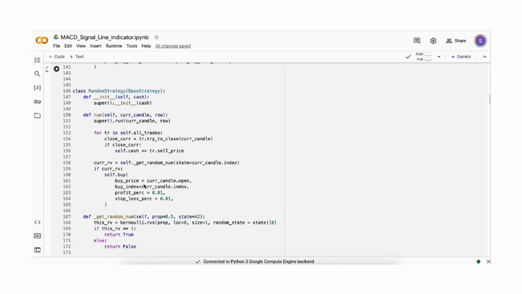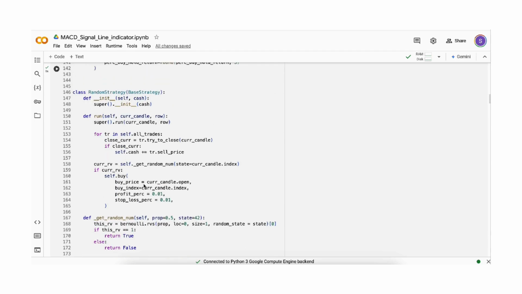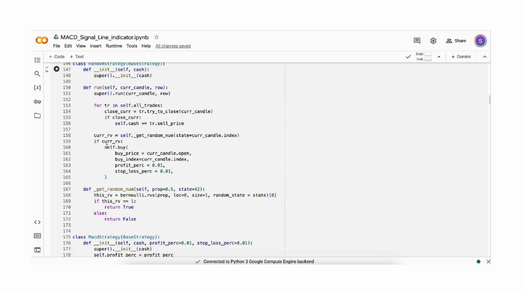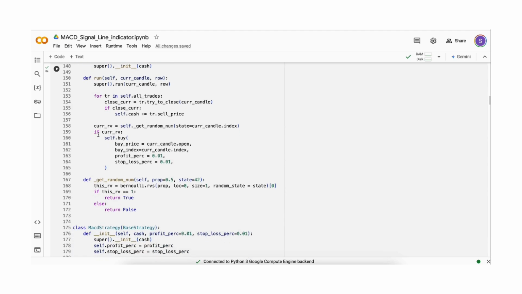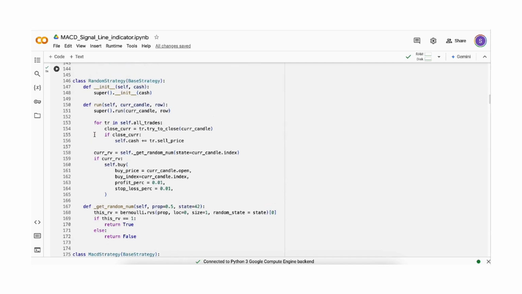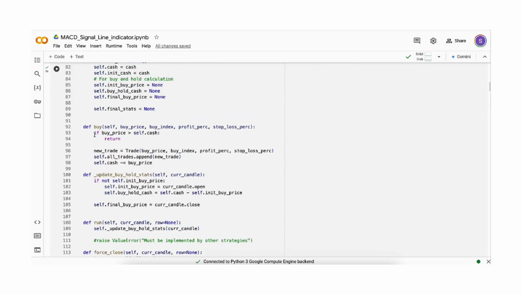But for the convenience of our viewers, basically our backtesting library implements some sort of a strategy. So the simplest strategy is a random strategy, and the implementation of a strategy simply means that we say when to buy a stock. We sell a stock only when it profits or loses. So I can go to that.